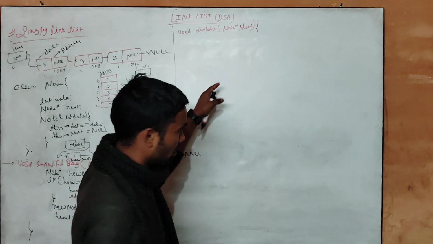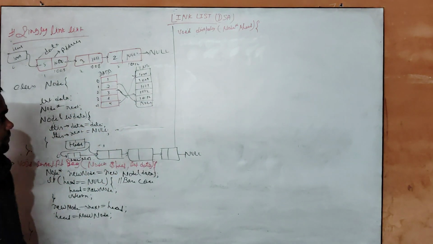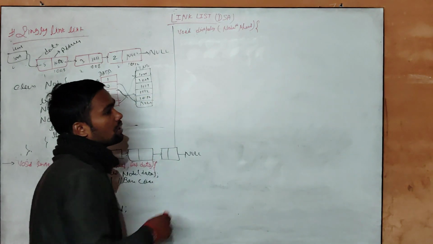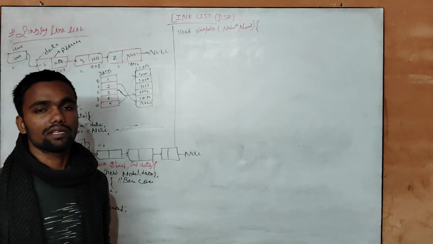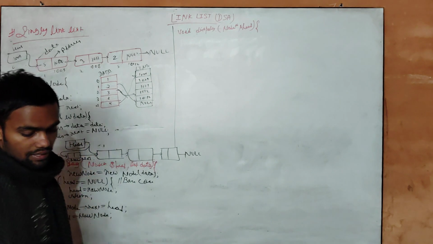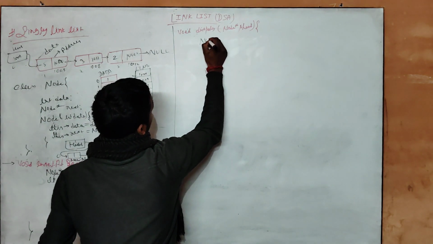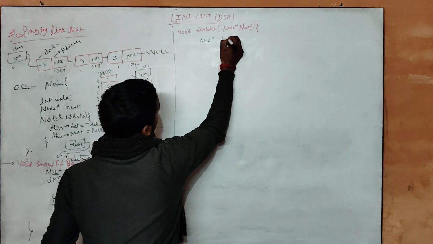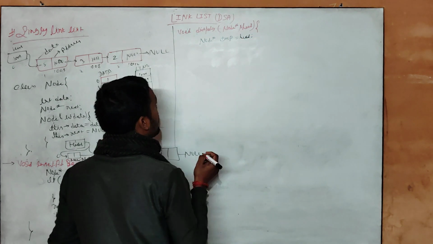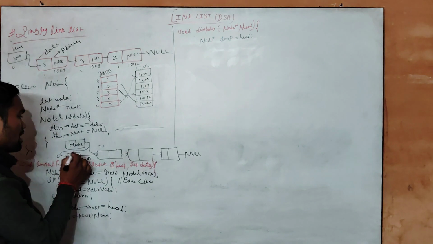It will not take a value because now I am displaying. I'm also creating a temporary node because I want to traverse the linked list. So I'm creating a node named temp is equal to head, and I am using one loop because I want to traverse each node.